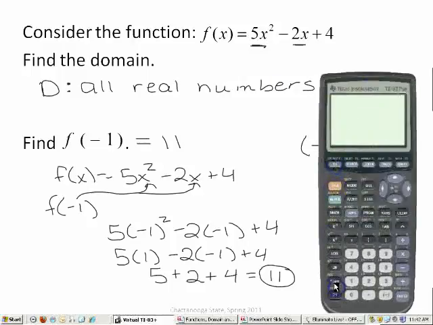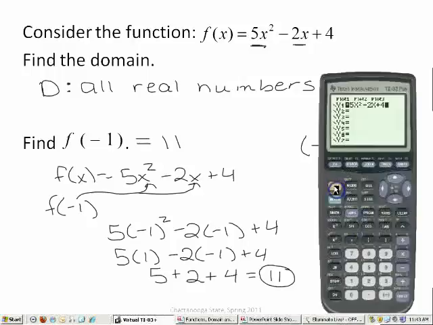Now I can also put that function into my calculator in my y equals screen. 5x squared. In the y equals screen, you always use this button right here for your x, minus 2x plus 4.